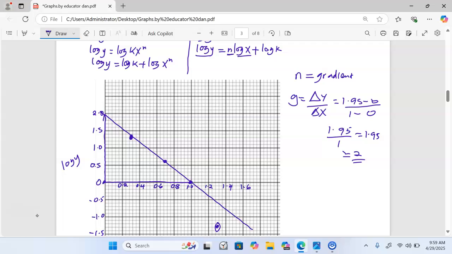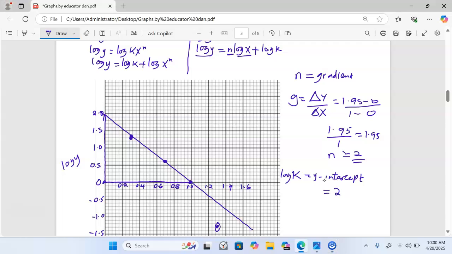Now that we have the value of n, let us get the value of k. We are going to begin by getting the log k, which is going to be our y-intercept, or the point where the line cuts the y-axis, and that point is around 1.95 or 1.98 there, which is approximately 2.